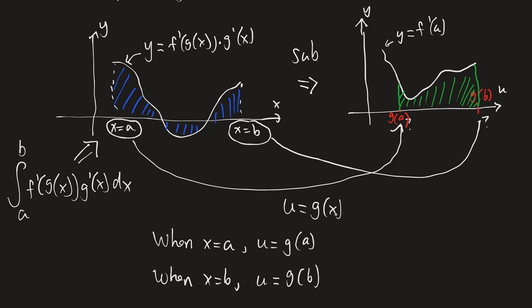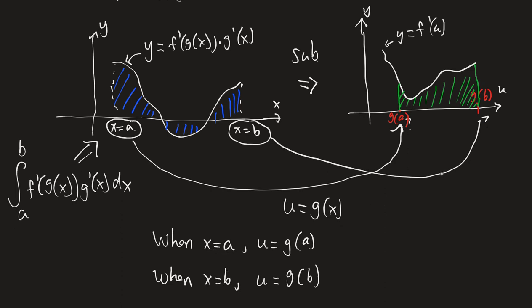Once I go through this process, it's essentially the same process that we started with when we looked at the substitution technique for indefinite integrals, but now we just have these two additional steps, I guess you could say, when we have to convert the lower limit and the upper limit.